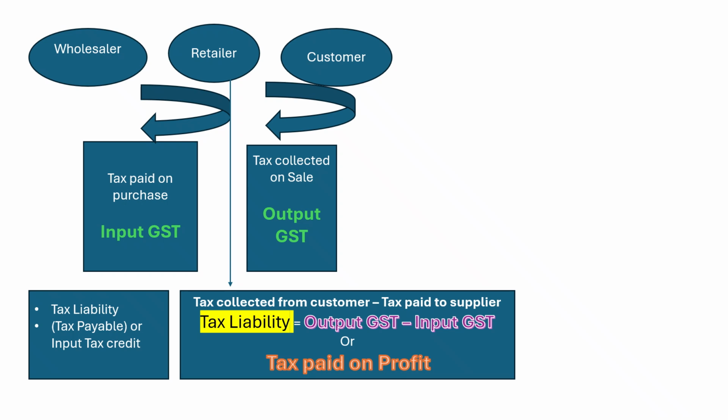Now there is one concept: wholesaler, retailer and customer. When a retailer purchases from the wholesaler, he pays the tax that is known as input GST, and when he collects the tax on sale, that is known as output GST. And what is his overall tax liability? Output GST minus input GST, or you can just say the tax paid on profit.